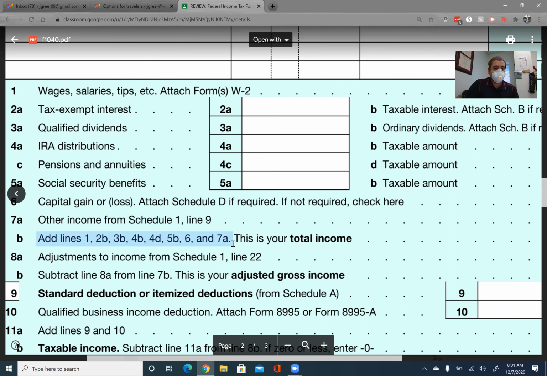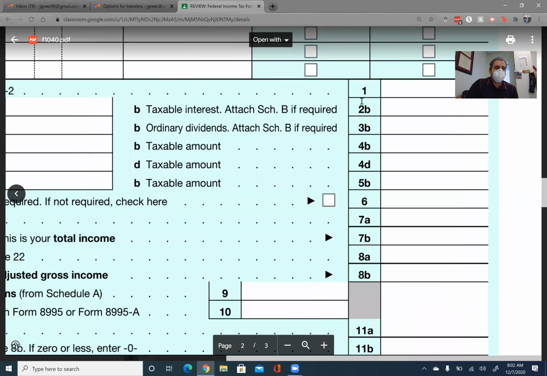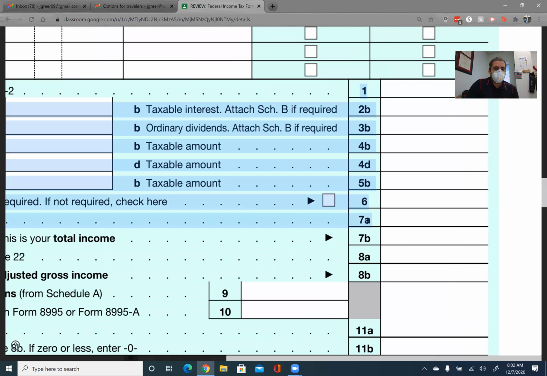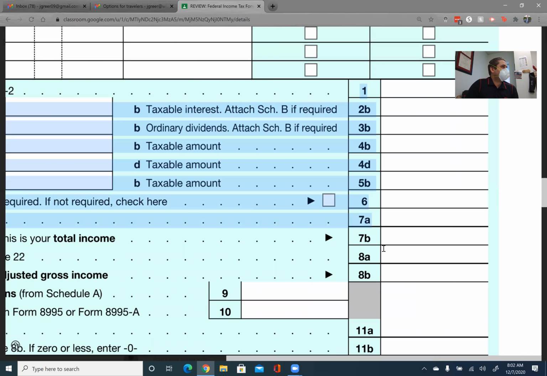Oh wait, no. Sorry. Yes, you do add it here in 7B. But what you're going to do is add lines 1, 2B, 3B, 4B. So you're adding all these up, and in 7B, you just total it. Make sense? Following? Okay.